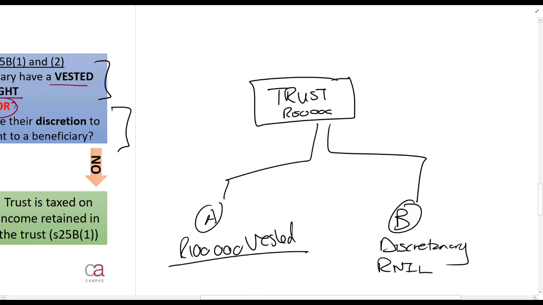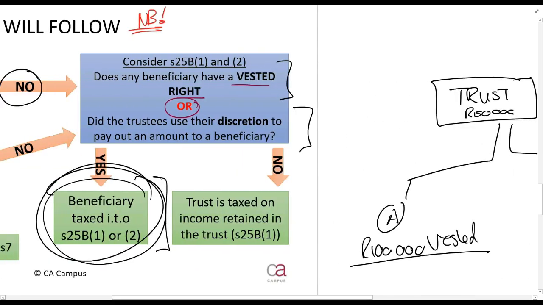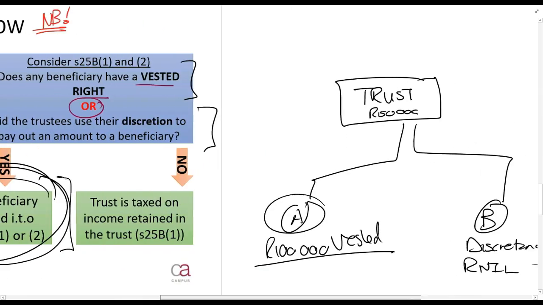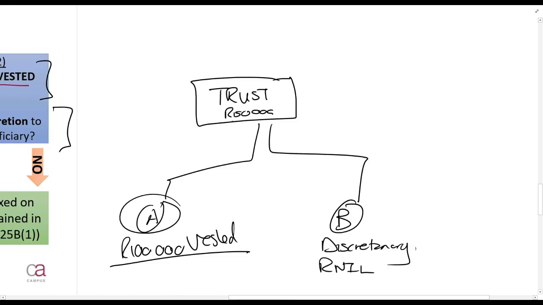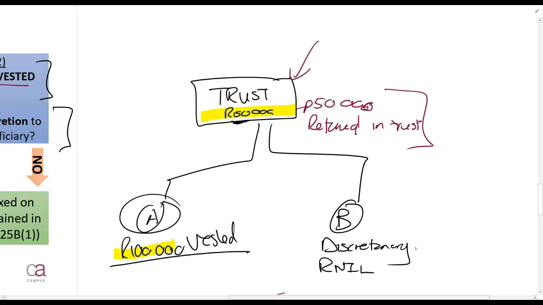The 100,000 rands vested right will be taxed in the hands of A. Remember, there's 150,000 rands that the trust received, and 100,000 was paid out to A. The 50,000 rands that was not paid out was retained in the trust. That 50,000 rands will then be taxed in the hands of the trust.